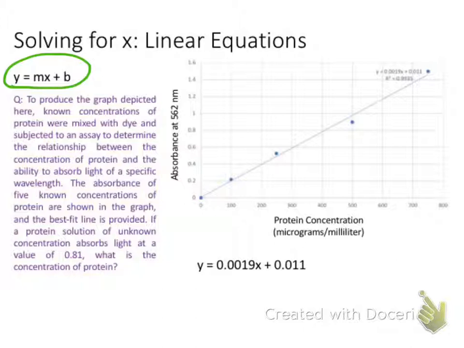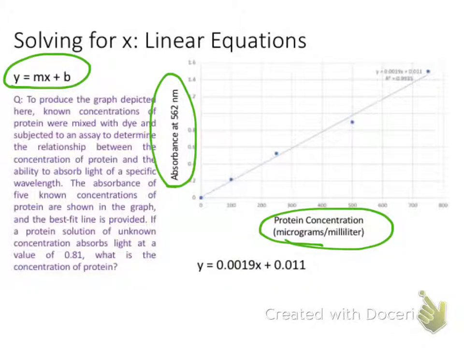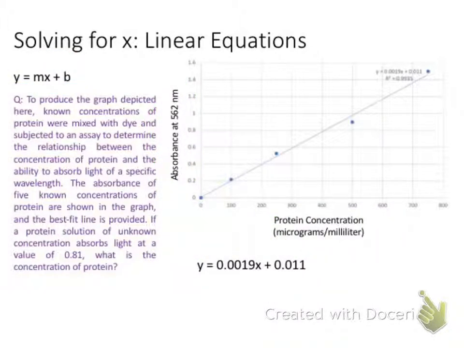So I end up with a relationship between the concentration of the protein and how much it was able to absorb light. When I graph this and use software to create a line that best fits the data, I end up with the equation for the line that's shown here below.